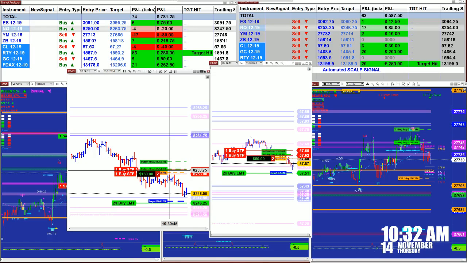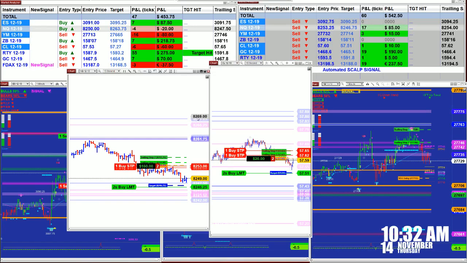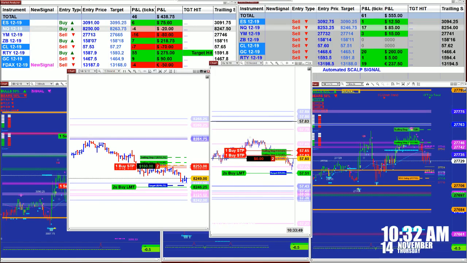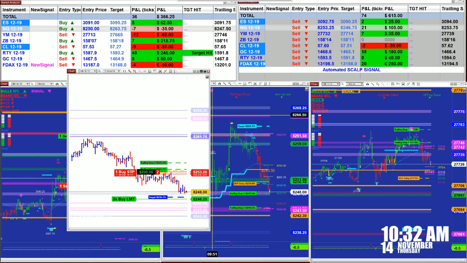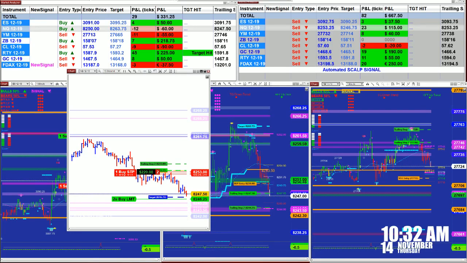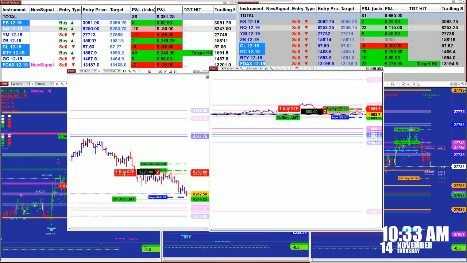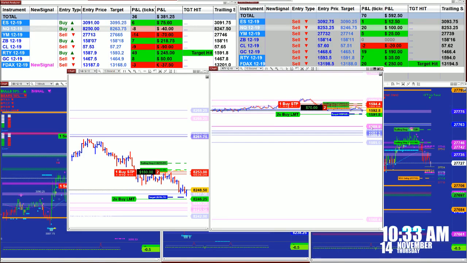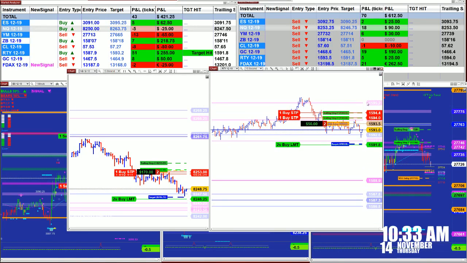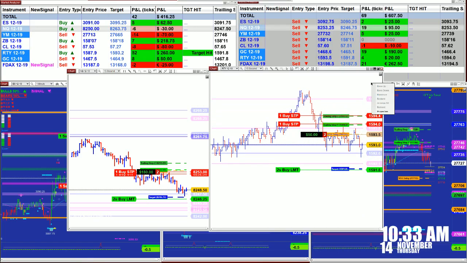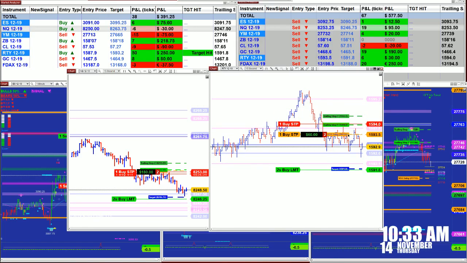And if you want to extend the target, you can extend the target, but break even as soon as possible, like the YM and Russell, because the market starts dropping immediately. So this is what we're looking for, a little spike in the market, and break even.